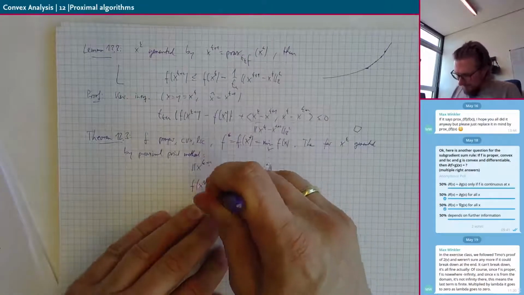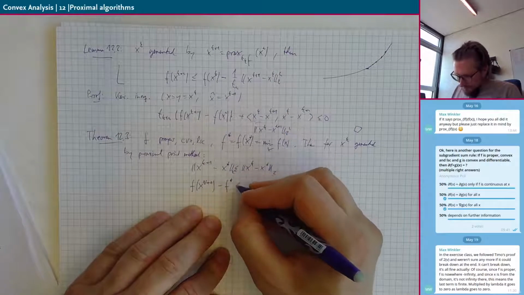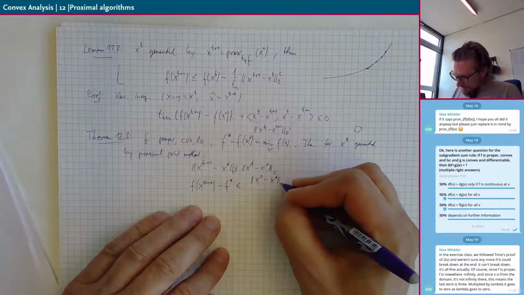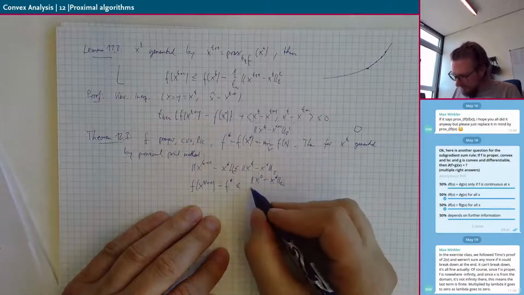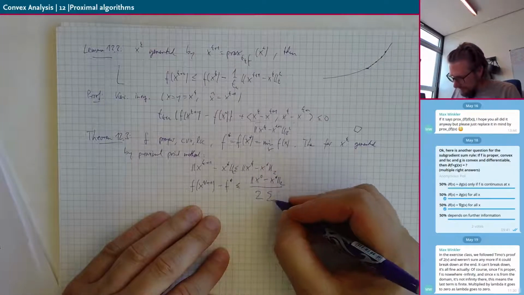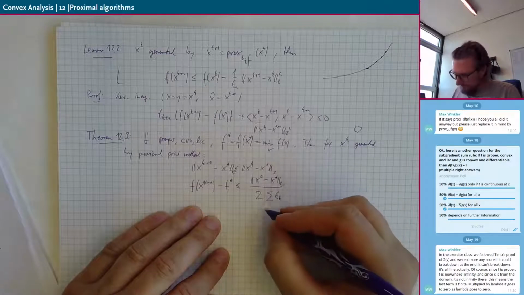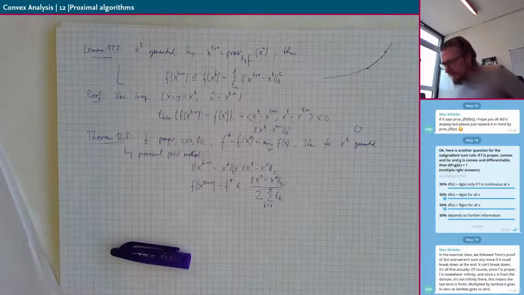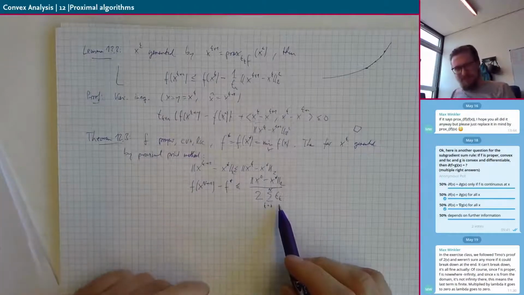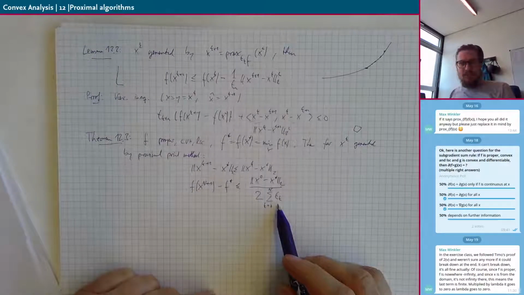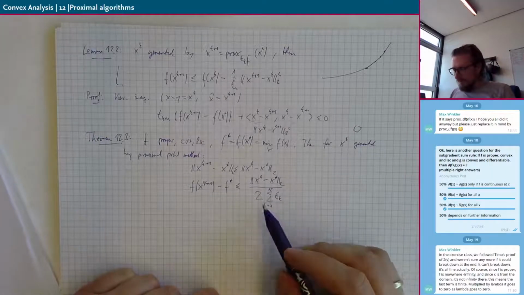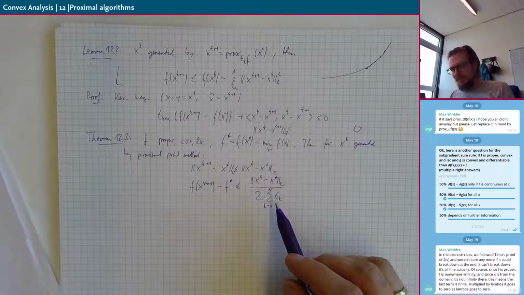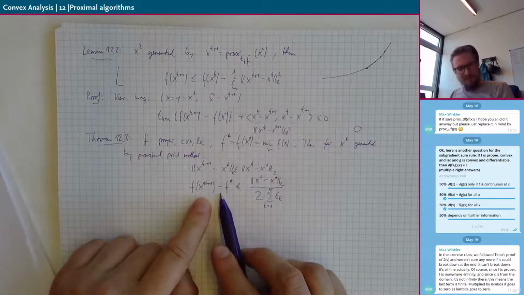Of course, you would have f minus f star smaller or equal, and then there is the distance at the beginning to some minimizer, and then you divide by 2 times the sum of all the step sizes. That's what you get. And then you see, well, if the step sizes are not summable, so let's say, for example, constant, then this goes to plus infinity. But it also says, the larger you choose the step sizes, the better this estimate gets.